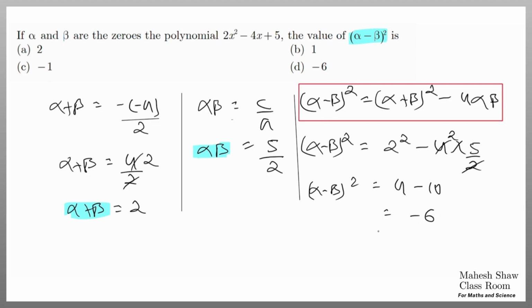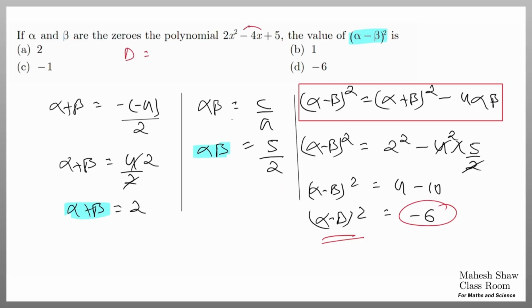6. Now the problem is that this is (alpha minus beta) whole squared, and the square of a number cannot be negative. So why is it like this? Let me check. But we know that the square of a number cannot be negative, right? So it means the roots are not real here. We can find out the discriminant also.